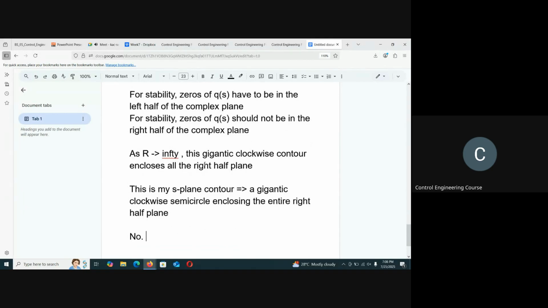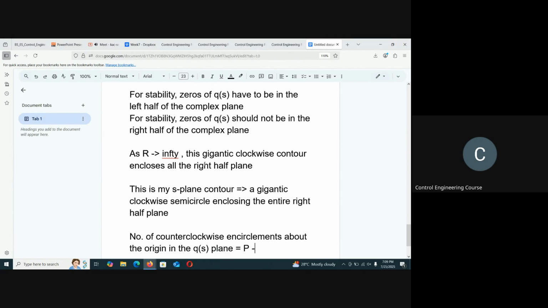So now what will be the number of counterclockwise encirclements about the origin in the Q of S plane? What will this be?